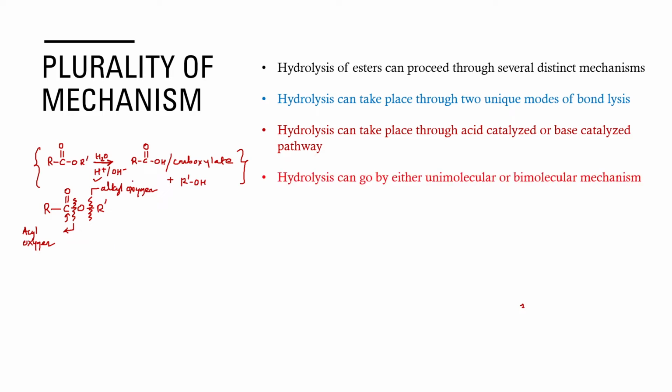And third reason is that the reaction can go by either a unimolecular pathway or by a bimolecular pathway. मतलब कि या तो फर्स्ट ऑर्डर हो सकता है या फिर सेकेंड ऑर्डर हो सकता है. Okay, either first order or second order, and because of which हमारे पास एक से ज्यादा मैकेनिज्म आ जाते हैं.